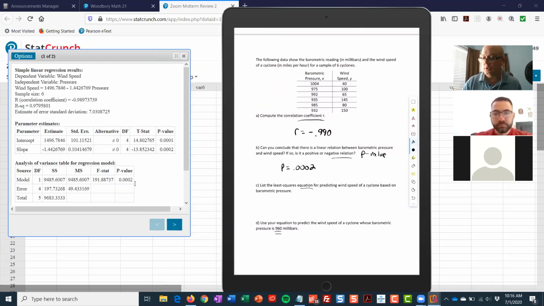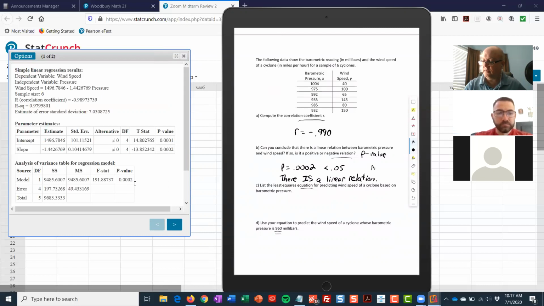And because that's smaller than 0.05, that means there is a linear relation. If it wasn't below 0.05, there's no relation, and technically you're not supposed to use the equation at that point either. The question here does ask if it's a positive or a negative relation.